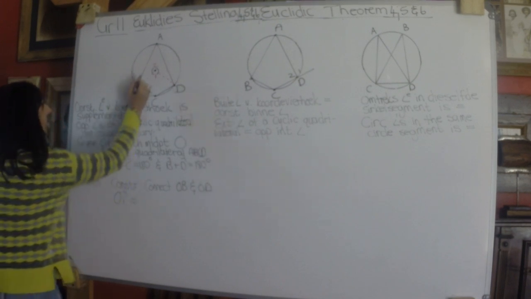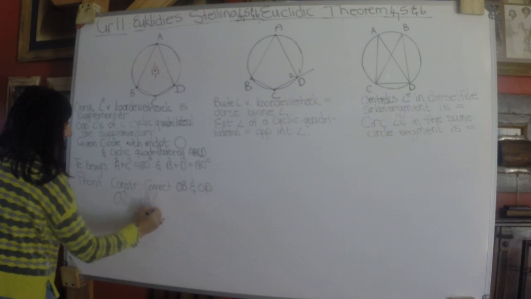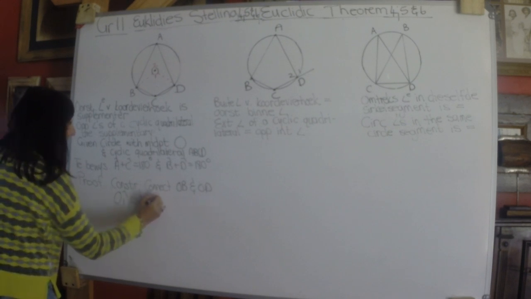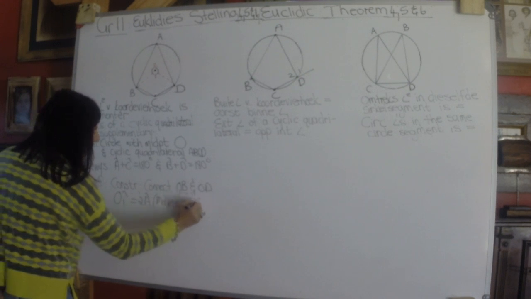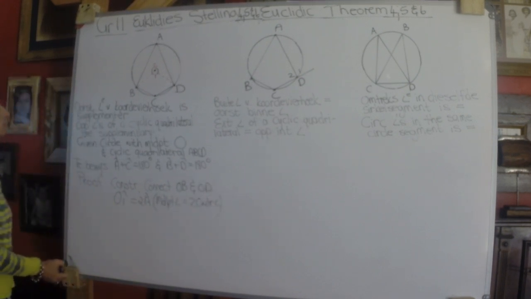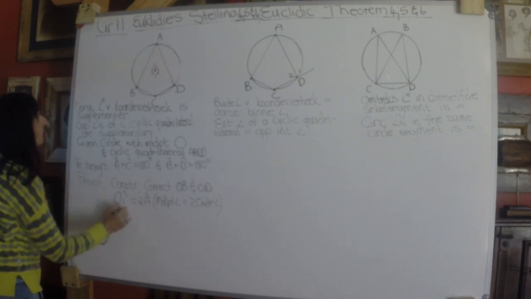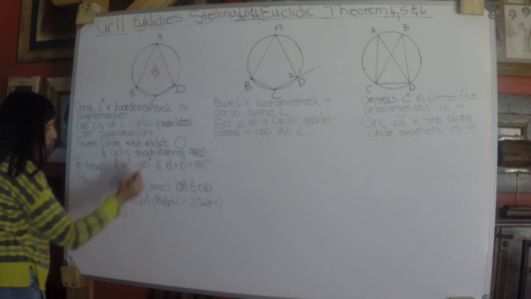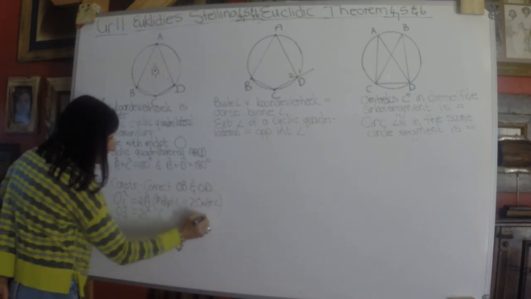O1 is gelyk aan 2 A's. Dus middelpunthoek is gelyk aan 2 maal omtrekhoek. Okay. Then we're going to go to O2. O2 is going to be 2 C's. Same reason.